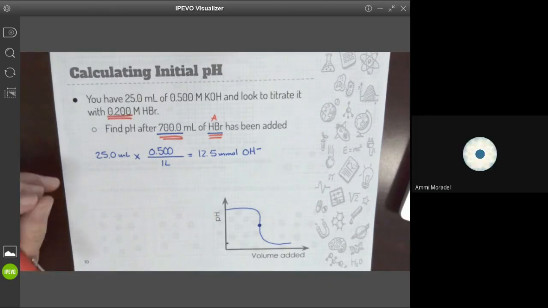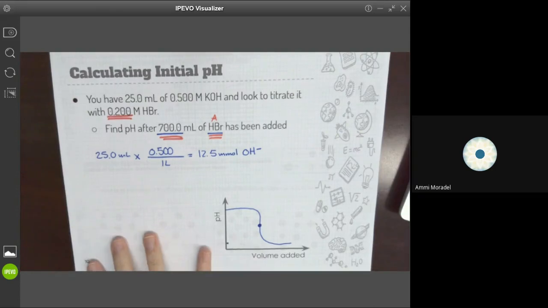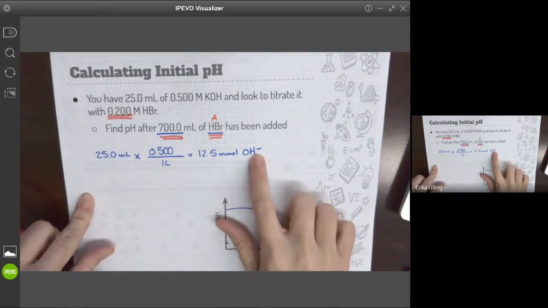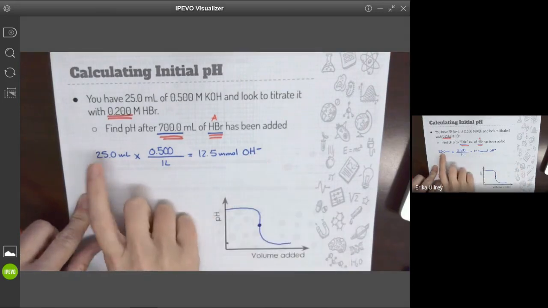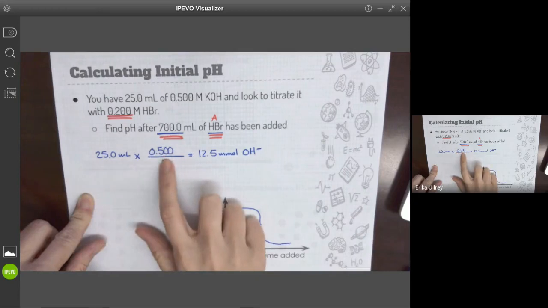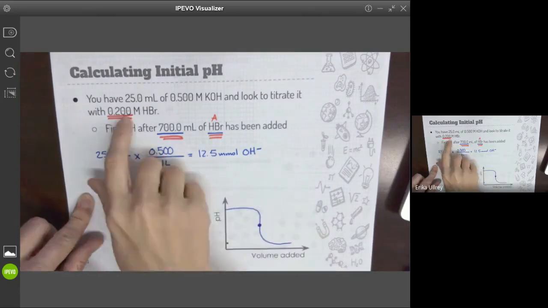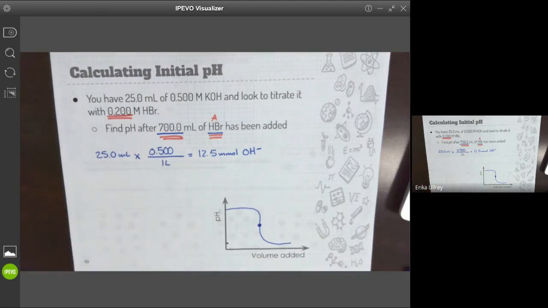We would divide. No, wait, hold up. So how did we figure out the millimoles of hydroxide ions? We took the volume of the base and we multiplied it by its molarity. So what would we do for the acid?